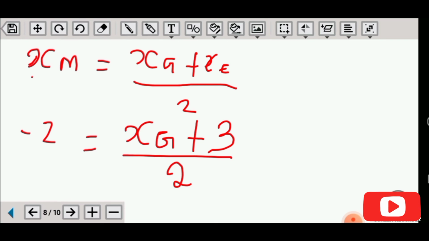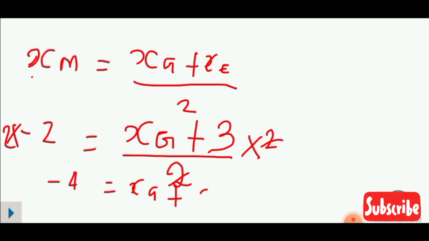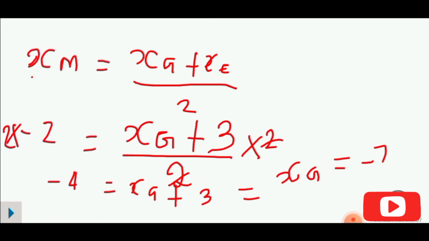So all we have to do is multiply this side by 2 as well as this side by 2. And these will cancel, and we'll be left with -4 is equal to xG plus 3. So xG is going to be equal to -7.